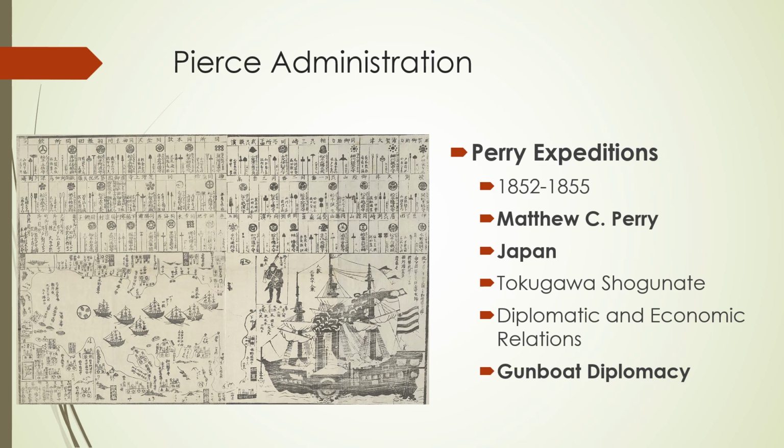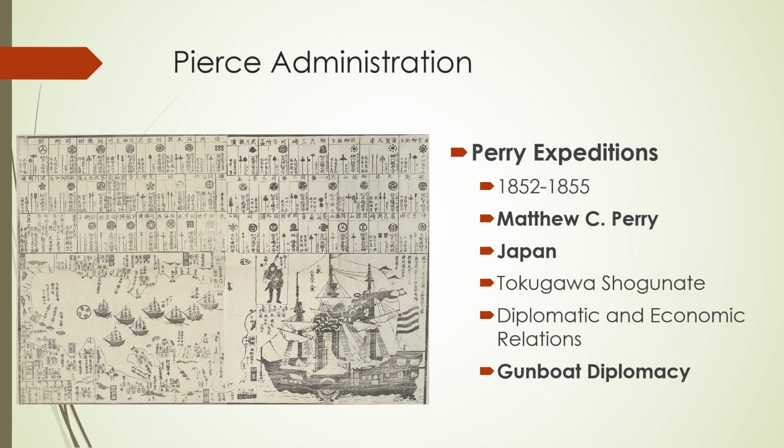And he winds up in Japan. And during this time, this is when you think of feudal Japan, so the samurais and the shogun and things like that. That's during this period. So Japan is ruled by a man called the shogun. So this is during the Tokugawa shogunate.